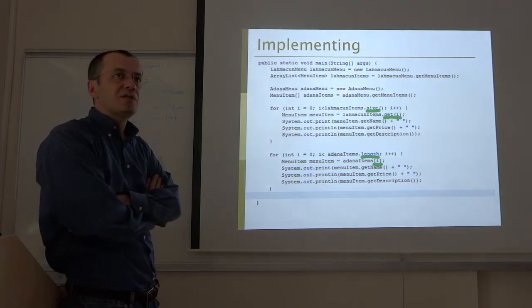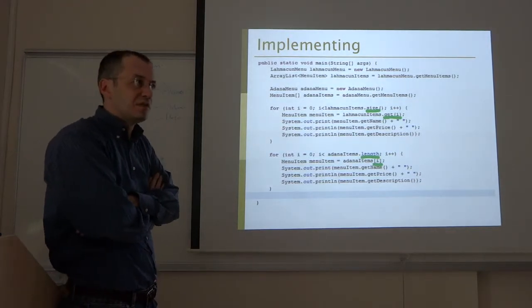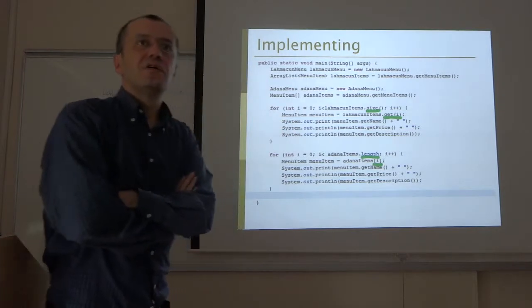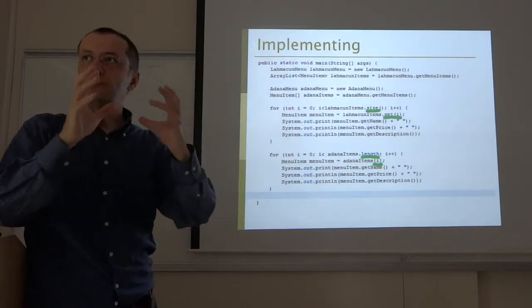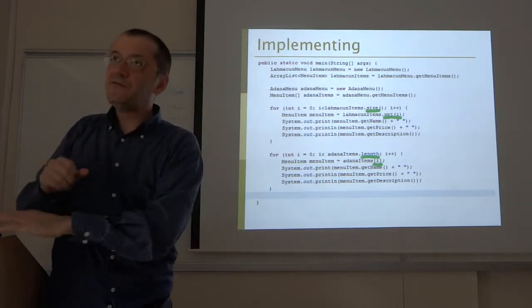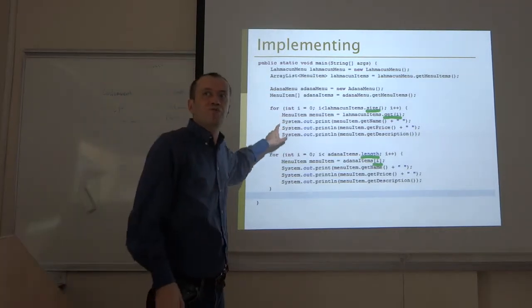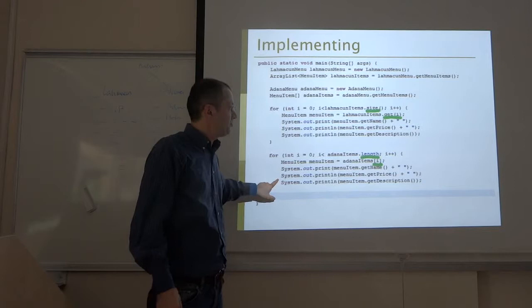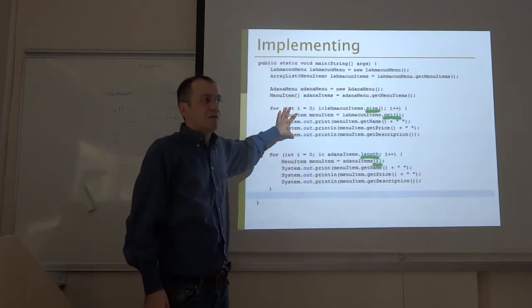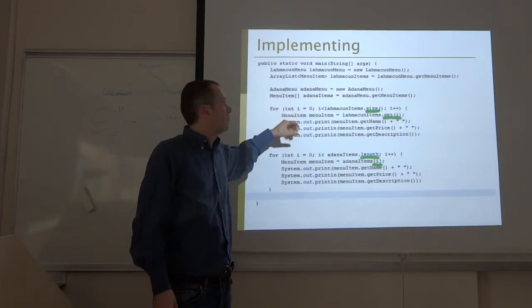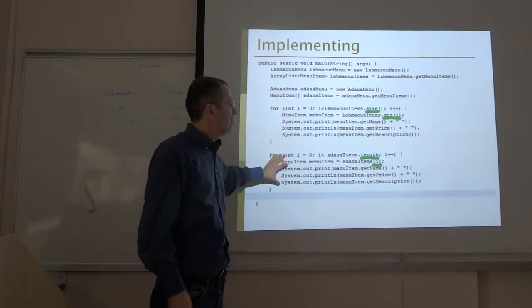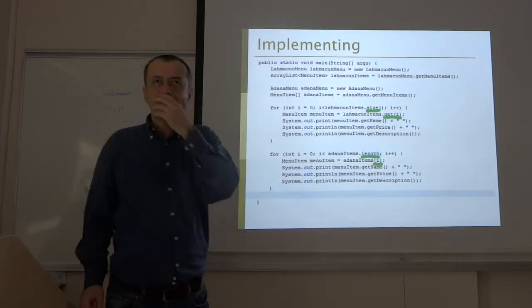In my current situation, after we merge the two shops, they have this problem. They have to have two for loops. One is dealing with the lahmacun menu. The other one is dealing with the Adana menu.